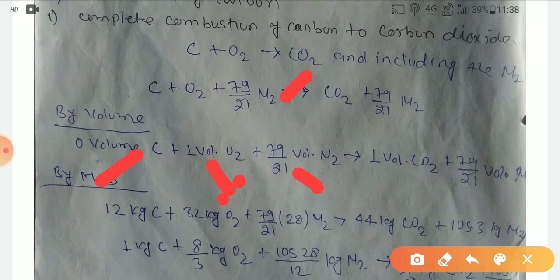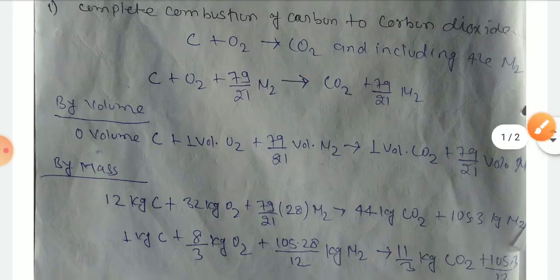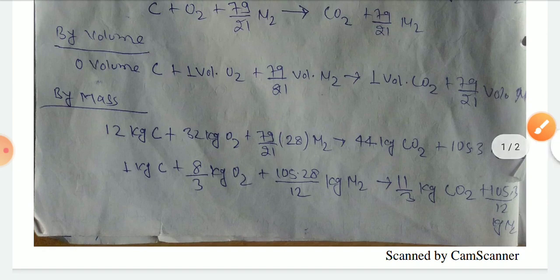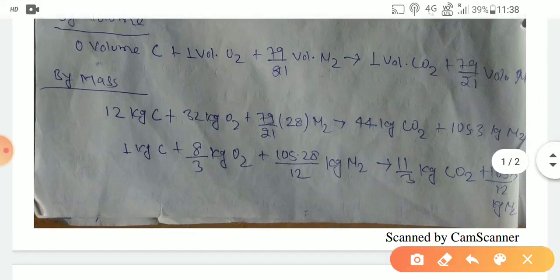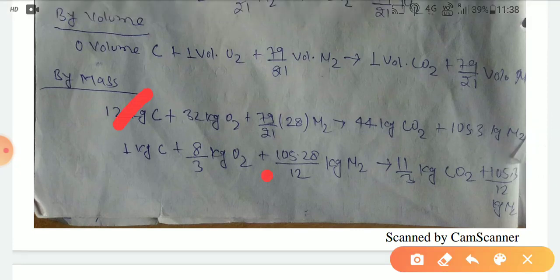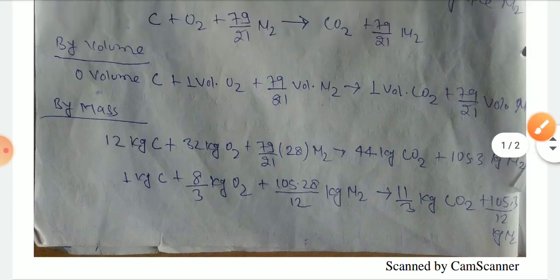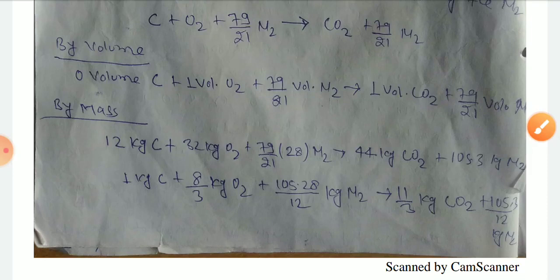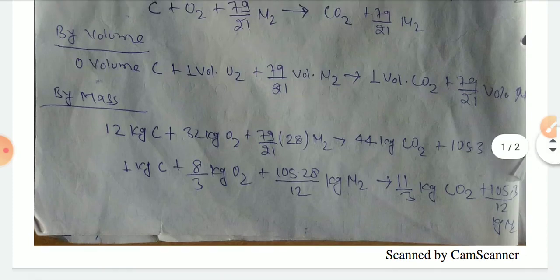If I am going to write on the basis of mass, here 1 mole of carbon and molecular weight is 12, so that is 12 kg of carbon, and 32 kg of oxygen, because 1 mole of oxygen has 2 atoms of oxygen and the molecular weight of oxygen is 16, so you can write 32.